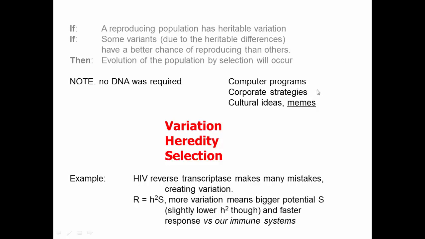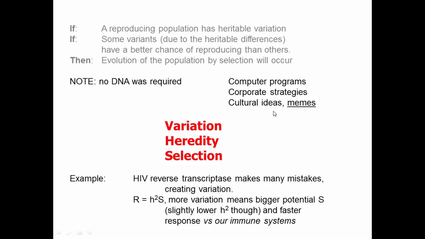An idea of mine that I like is corporate strategies, the different types of strategies that companies use. There's a bunch of different strategies. When new CEOs get hired by companies, they use one of those strategies. Some of those strategies create more profit. If that's true, and if selection favors profit, then you have an evolution of corporate strategies towards those that increase profit, even if maybe that sets you up for a big catastrophic failure in the future.